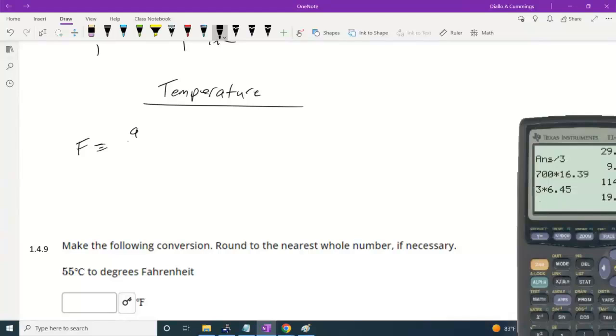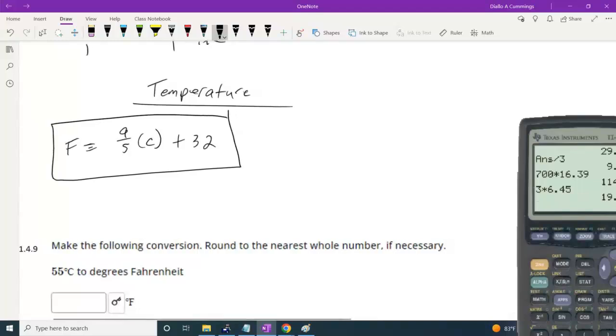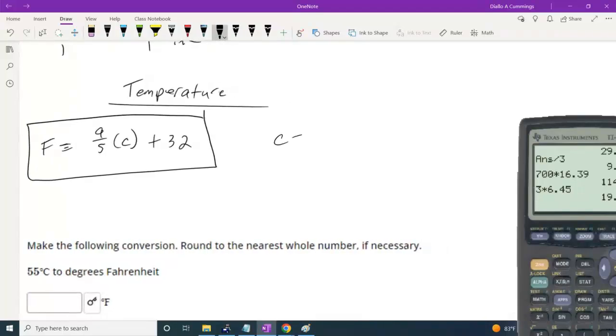F is equal to 9/5 C plus 32. And our other formula is C is equal to 5/9 (F minus 32).